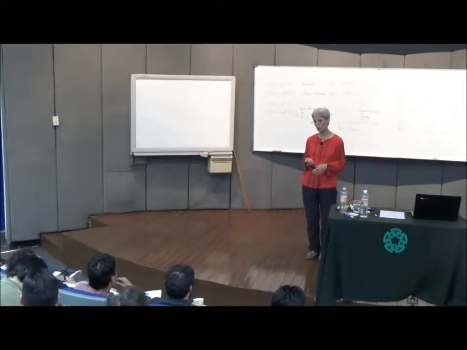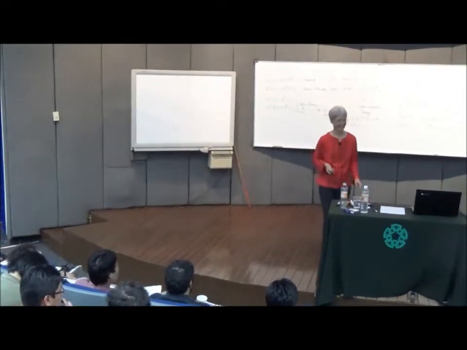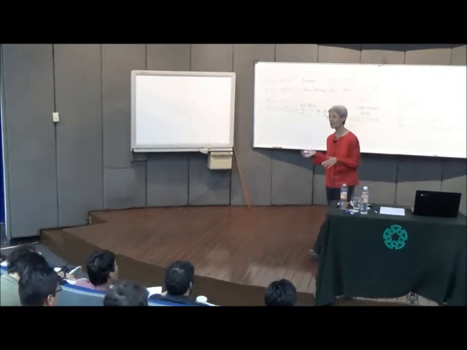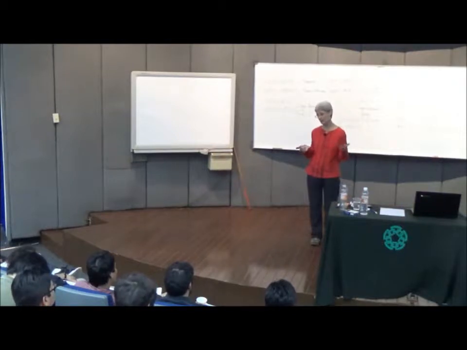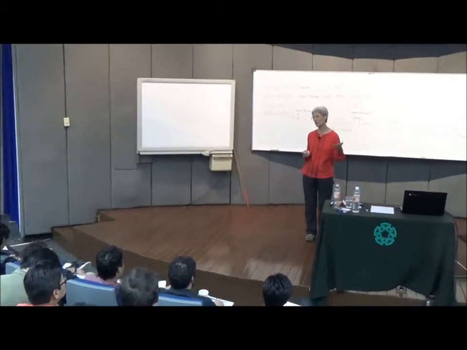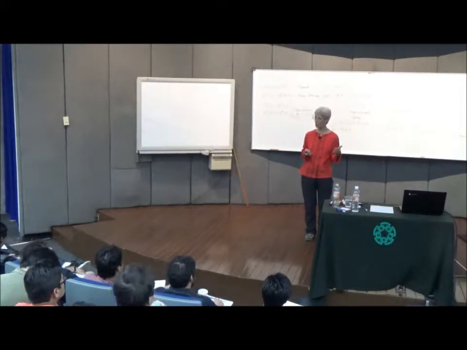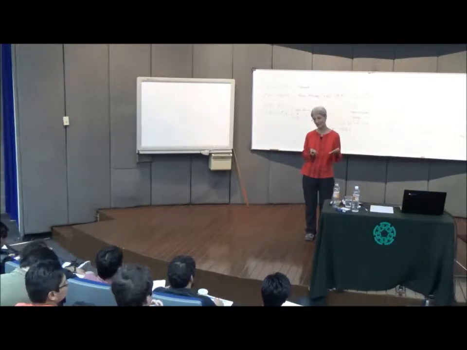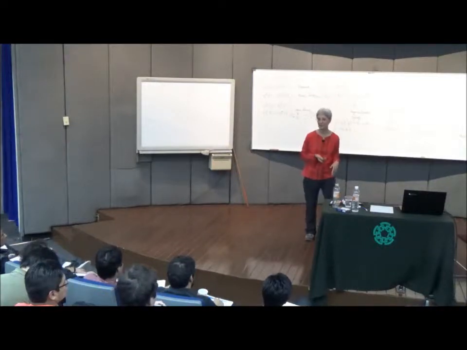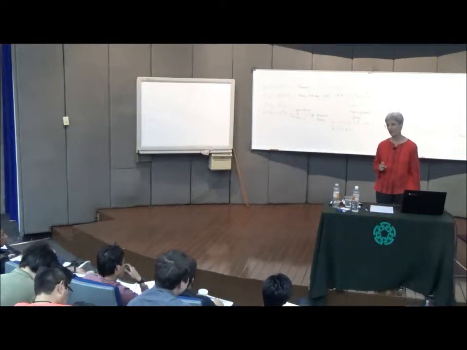We need to introduce ghosts. When I do the quantization, I will discuss it. Professor Sriwak mentioned this morning, if you want to quantize the bosonic string in the path integral formalism, you need to introduce this system of bc ghosts, which are anti-commuting ghosts, because these are the partners of the commuting fields. Here, we will have to introduce a different set of ghosts, which are commuting, which are the ghosts for the supersymmetry. Yeah. If I have time.